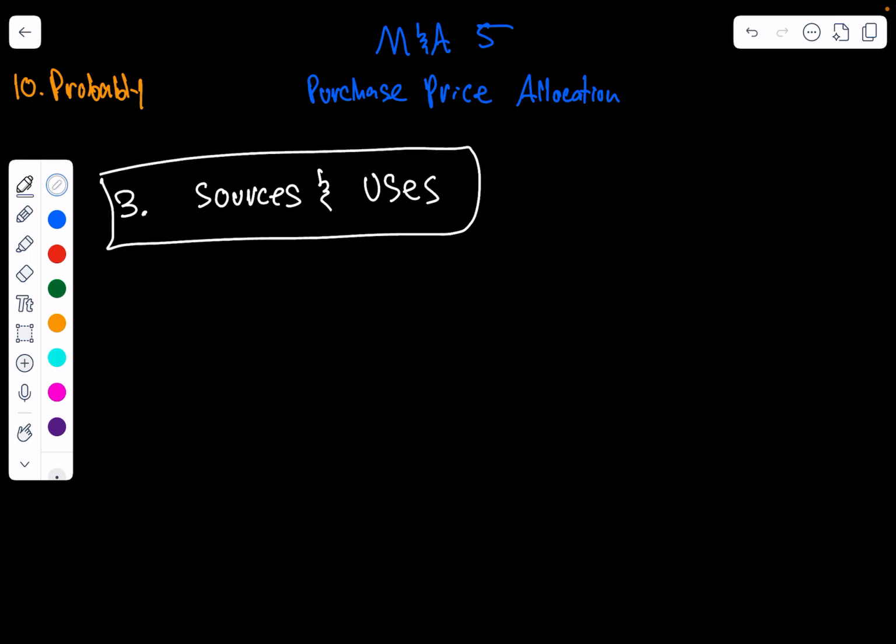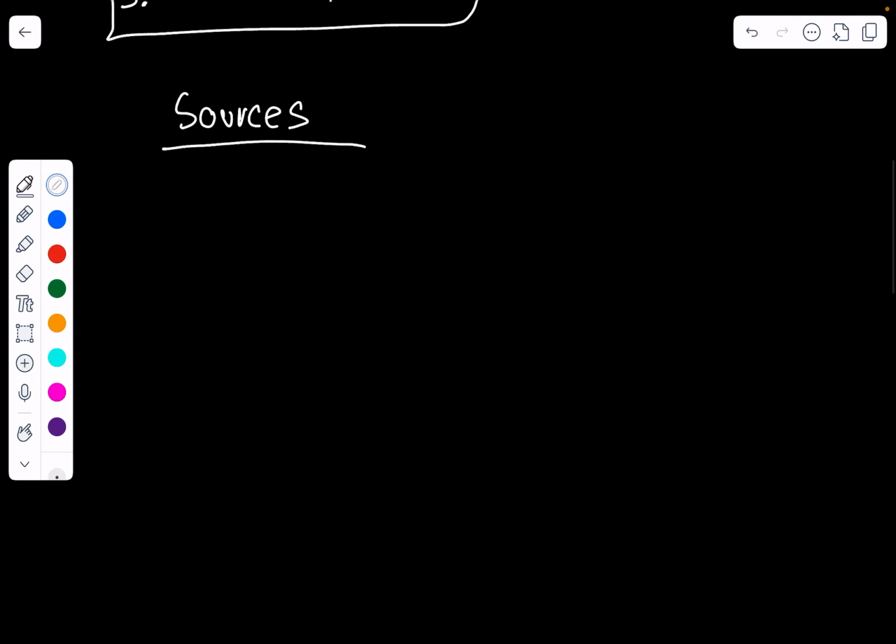So I'm going to build out a more comprehensive sources and uses schedule and walk through each one of those line items. Let's first talk about our sources. Some sources are typically the excess cash that the acquiring company has. If they have some cash sitting around, they're going to use that.